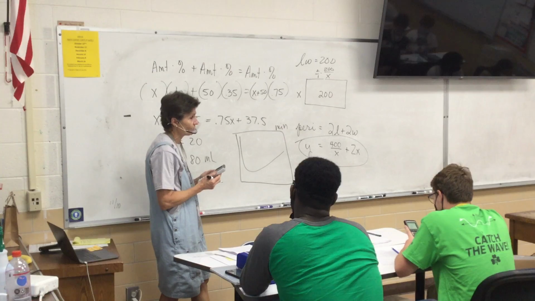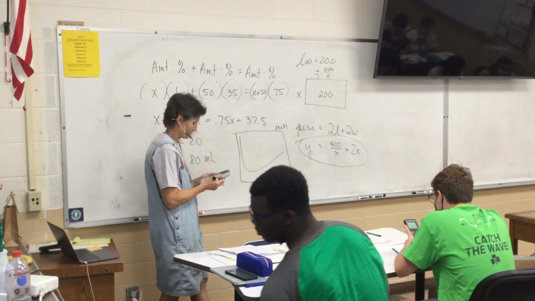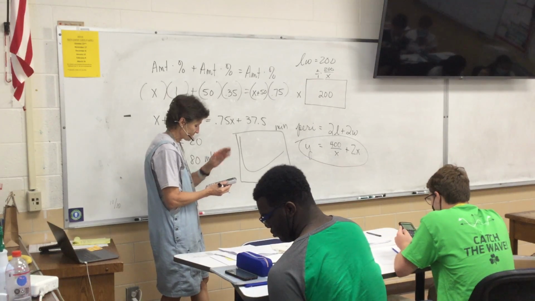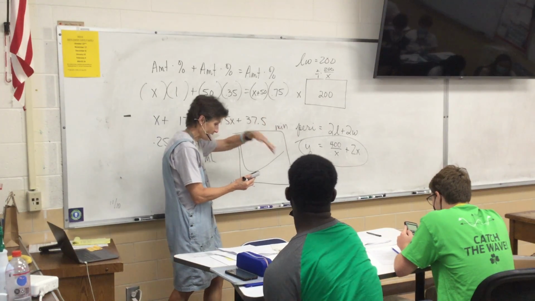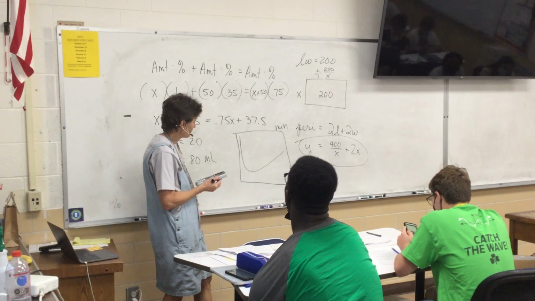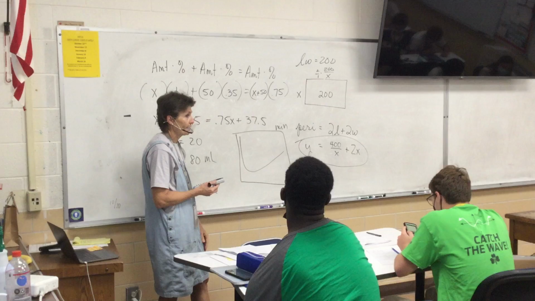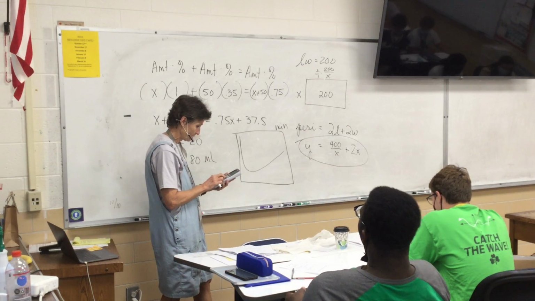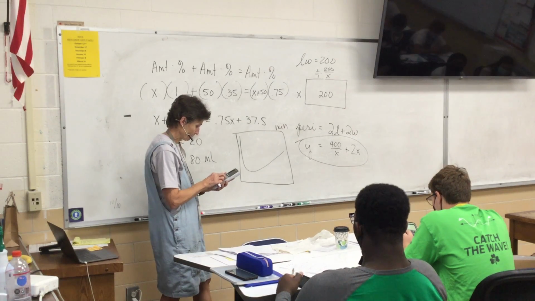Play around with your window. If you're struggling, this is not sacred at all. I just happened to use 0 to 50 and 0 to 200, and it gave me a shape like that. So now I'll find my minimum, second calc, minimum.